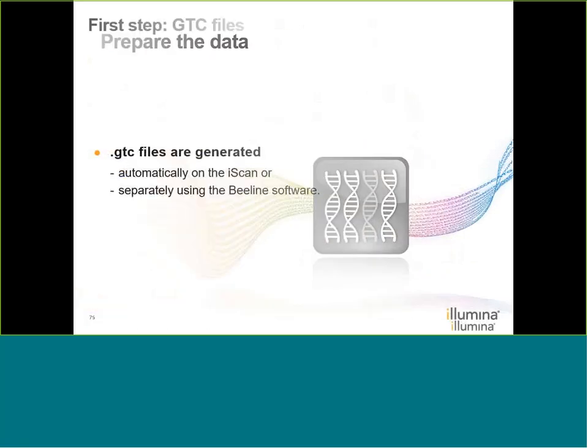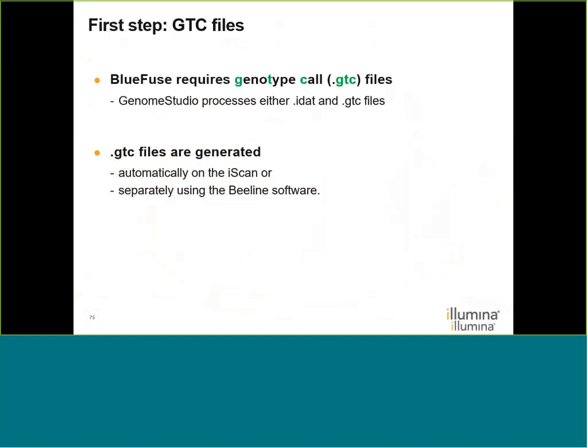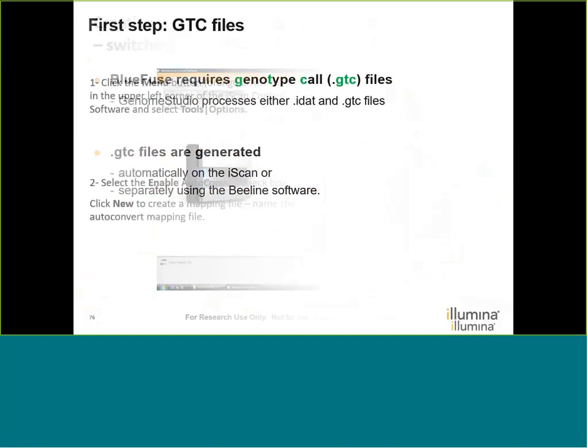So let's look at importing data into BlueFuse. First, we have to prepare the data, and if you remember, I said that BlueFuse requires GTC files, or genotype call files. GTC files can be generated automatically on the iScan using autoconvert, or separately using the Beeline software, and we'll look at that.